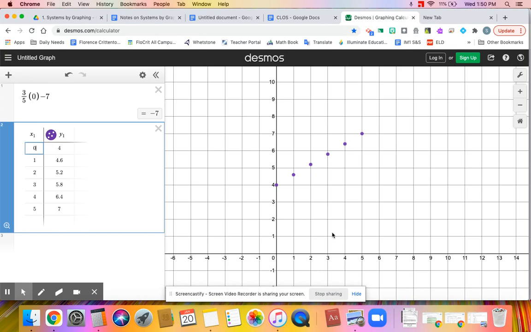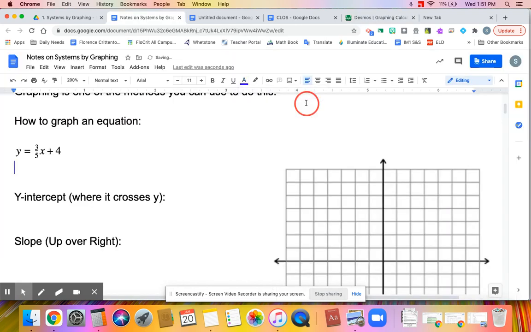Well, if x is 0, I'm not going left or right. So I'm going to only go up to 4. So that means there's this trick that says your first dot on the y-axis is whatever this last number is. So in a general equation, if we don't know what we're growing by, this 3/5, we would call that the slope, which we use as an m.